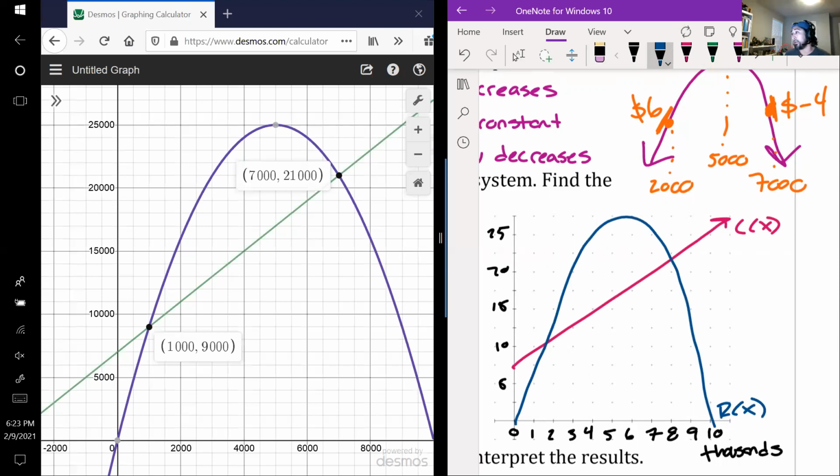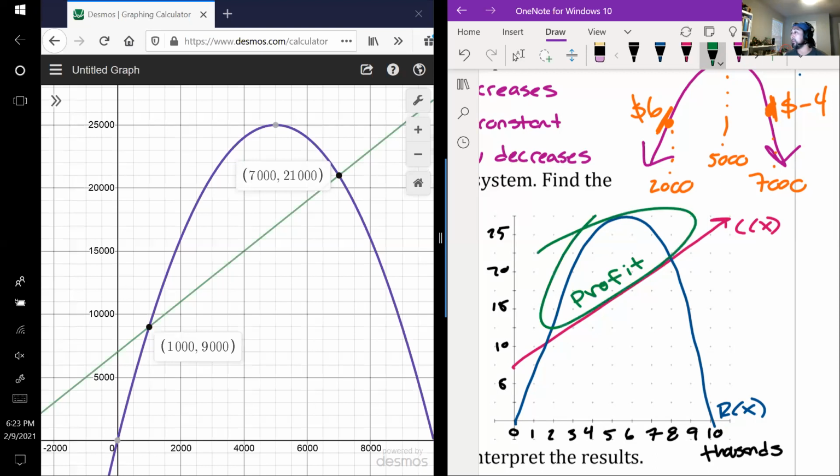And now it says to indicate regions of profit or loss. So if you remember, everything inside this lovely little hump here is considered profit. So all of this is profit. And the reason I say that is because revenue is beating the cost function.